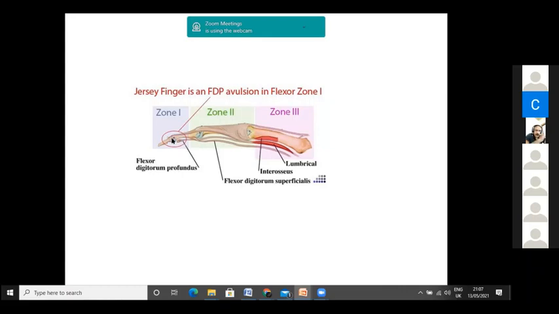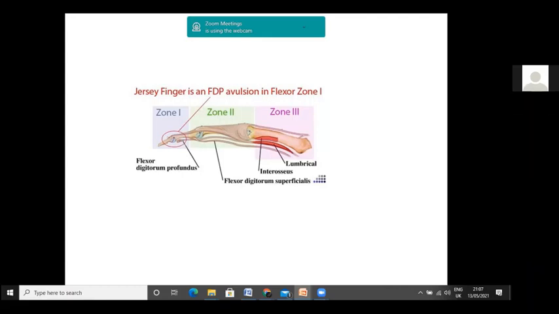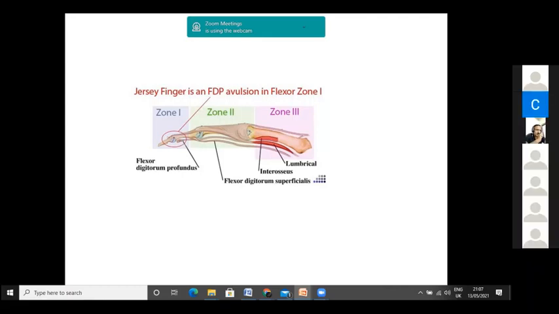How will you fix an ACL reconstruction graft? We use an endobutton and an interference screw, from both tibial and femoral sides. So you bring the tendon to the bone end, or you make a tunnel there? Tunnel. What is the advantage of having a tunnel?